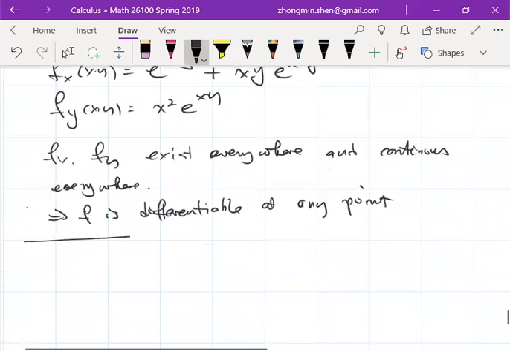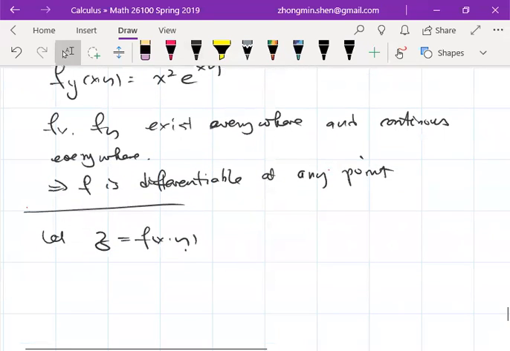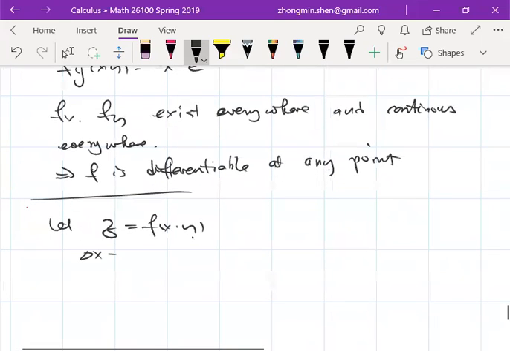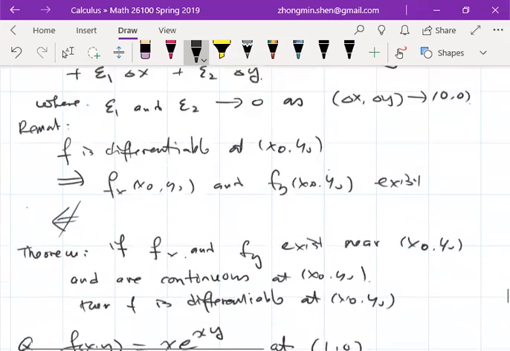All right, so let's look at z. z depends on x and y. Okay, so now you have three variables. The above definition can be written in the following form: delta x is going to be the change in x, and delta y is going to be the change in the y variable. Let's go back to this equation here.